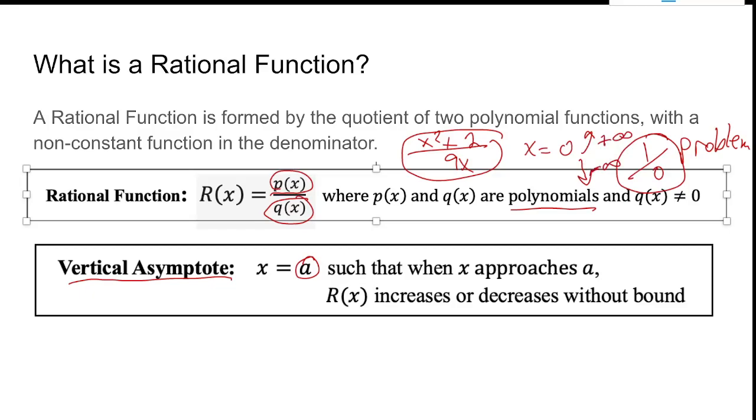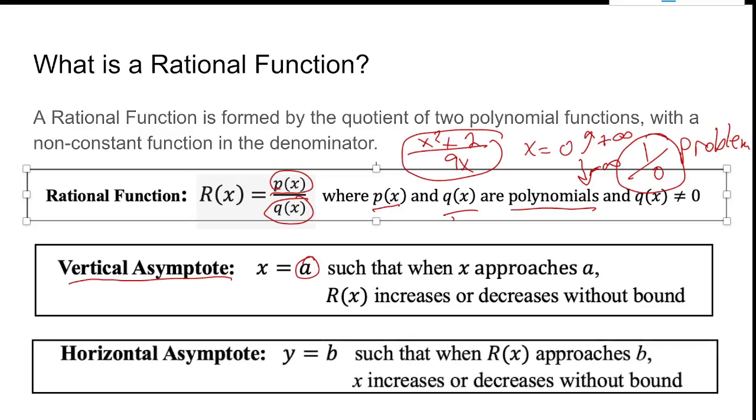The other thing that does happen is that, since we've got two functions, one in the top and one in the bottom, the way the ratios interact with each other can cause something called a horizontal asymptote.